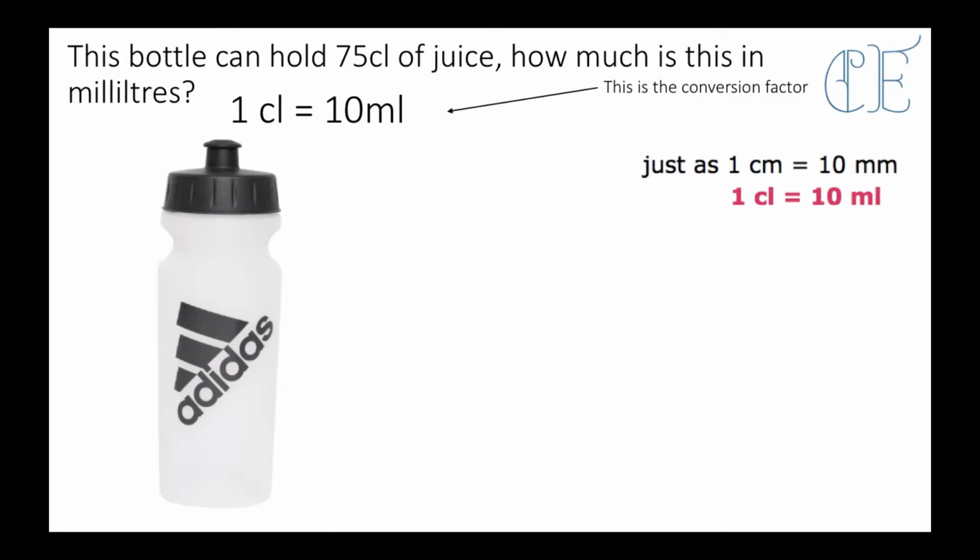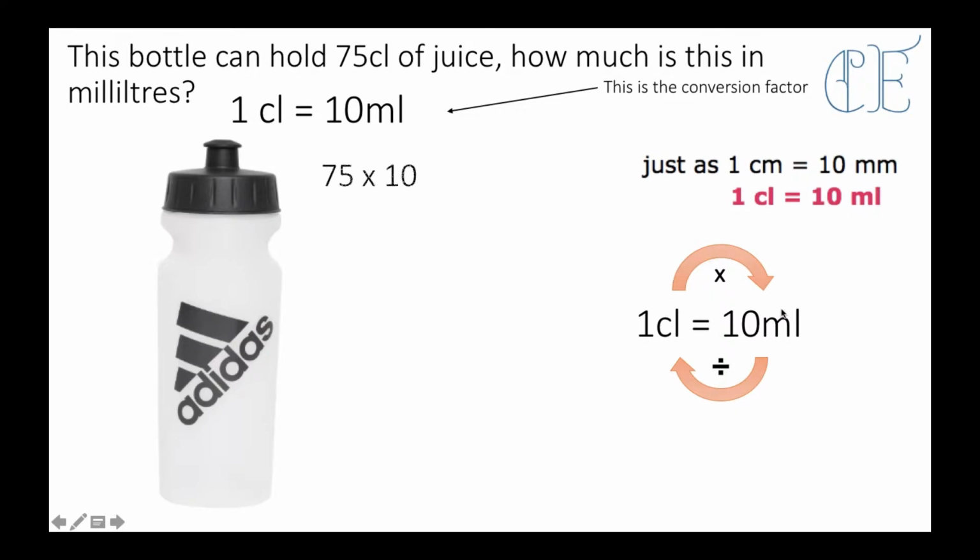So let's draw our diagram with our conversion factor: 1 centilitre equals 10 millilitres. We draw our arrows in as we did before, and I'm sure you know by now that if we are in centilitres, we are here, and we want to go to millilitres, which means we need to times this time. So 75 times 10 is 750 millilitres.